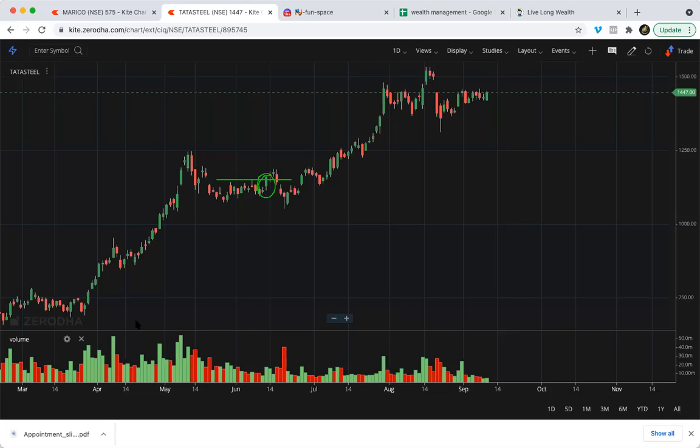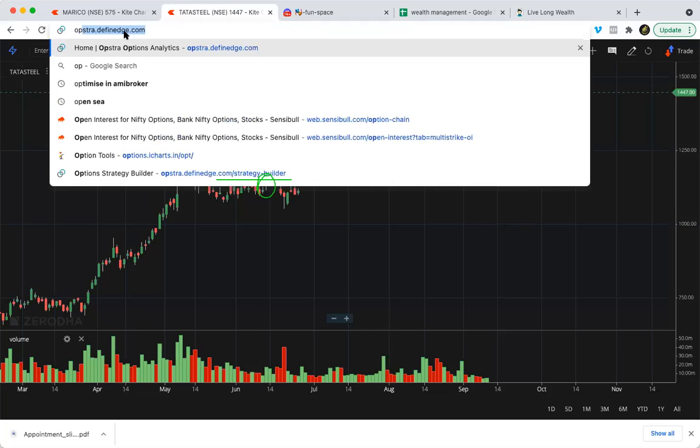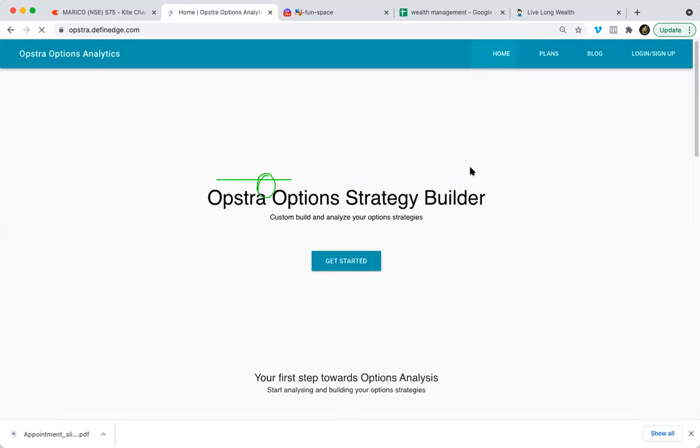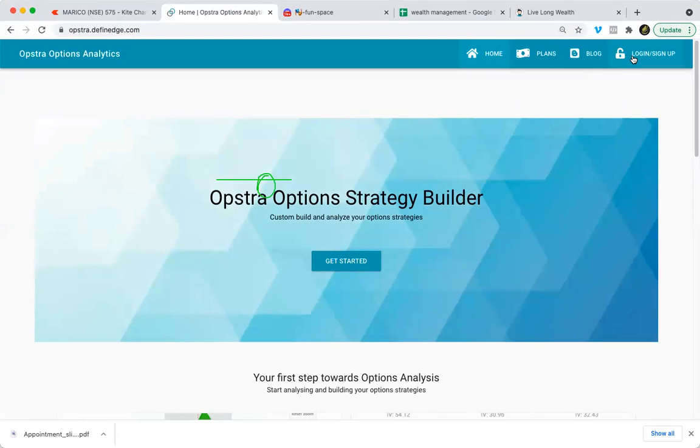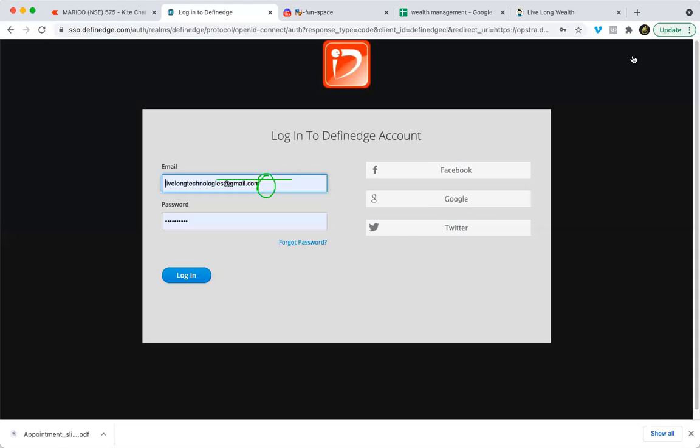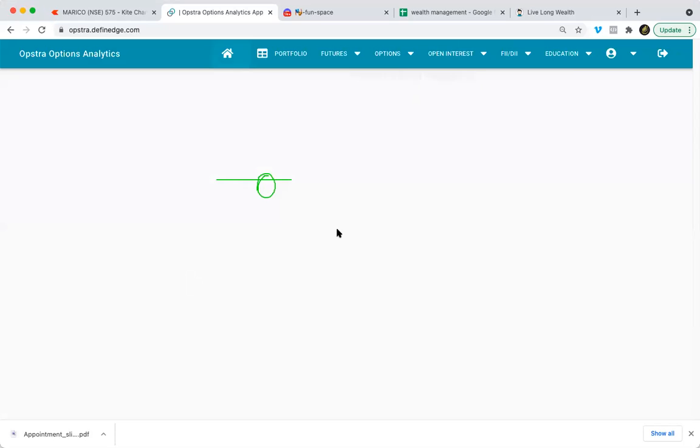Now we were speaking about the OI part, the open interest build-up part. I have a lot of limitations to explain everything about OI right now, but the easiest way is to go to Opstra. There is a site called Opstra. You can log in and just use the free version, which is more than sufficient.